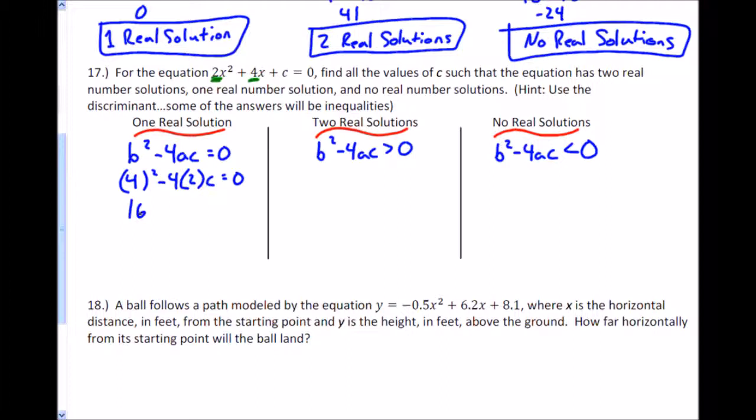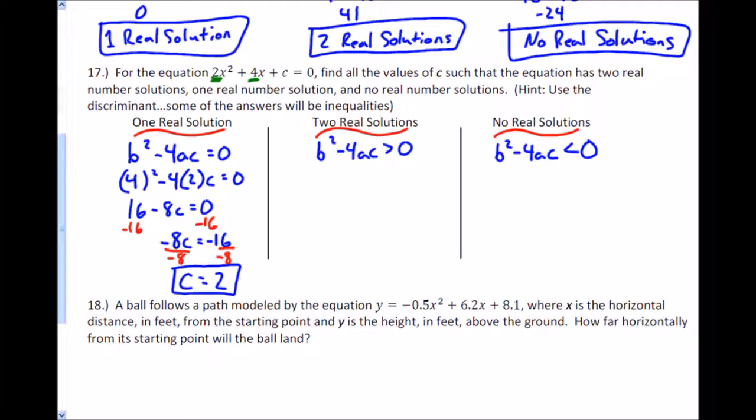I've got 16 minus 8c equals 0. I subtract the 16 from each side. So I find out that a negative 8c equals a negative 16. I divide each side by a negative 8. And I find out that c equals 2. That's the one value for c that will give me 1 real solution.